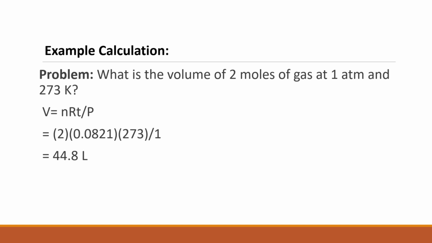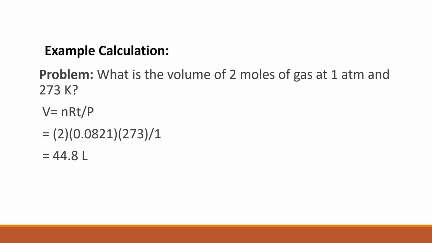Now, let's calculate it step by step. First, multiply 2 moles by the gas constant, 0.0821 liters times atmosphere over mole times Kelvin. 2 times 0.0821 is equal to 0.164 liters.